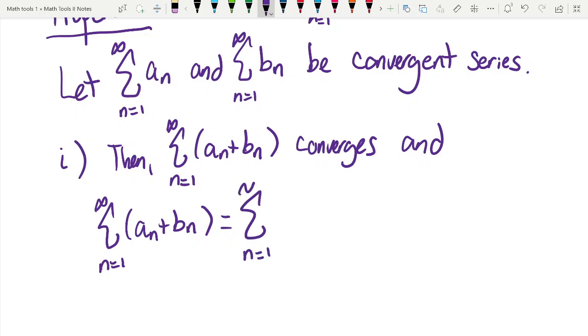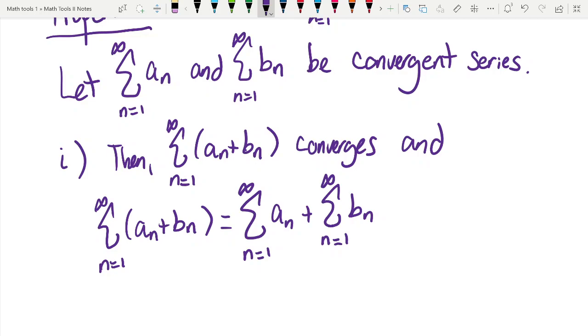We can do this no problem with finite series, of course. We can rearrange the terms as we please, but it's not a given that these things are going to hold once we're looking at an infinite number of terms. When we start dealing with infinity, things can get kind of weird. But in this case, it does not.